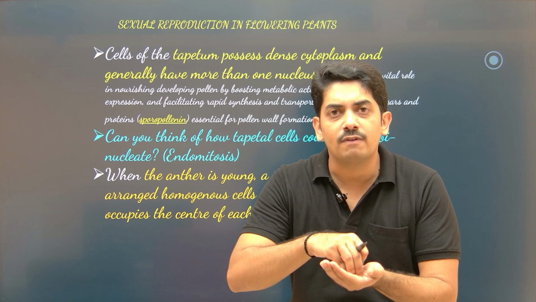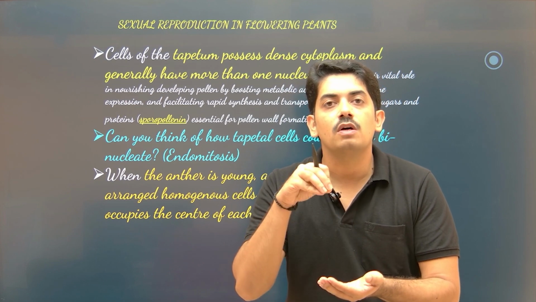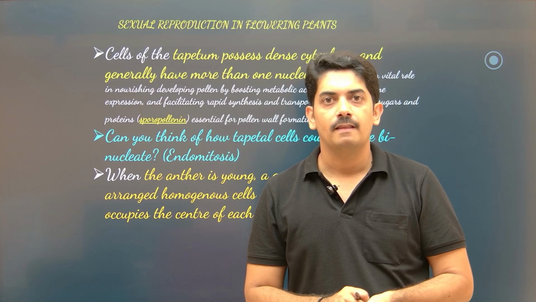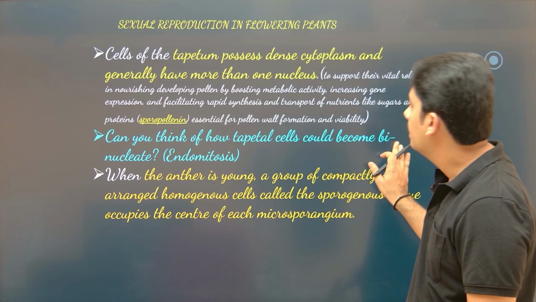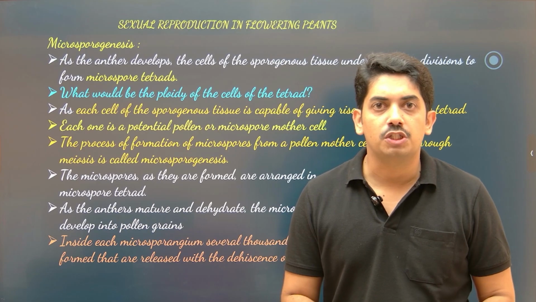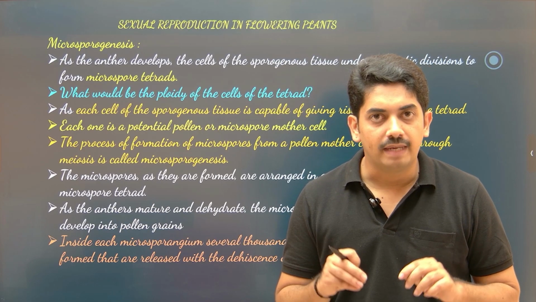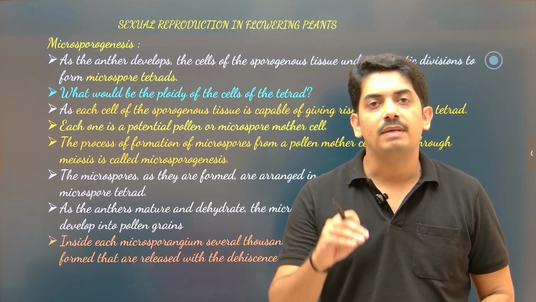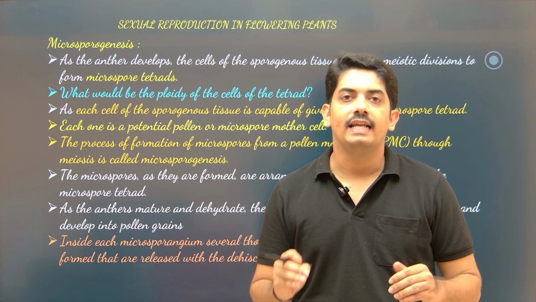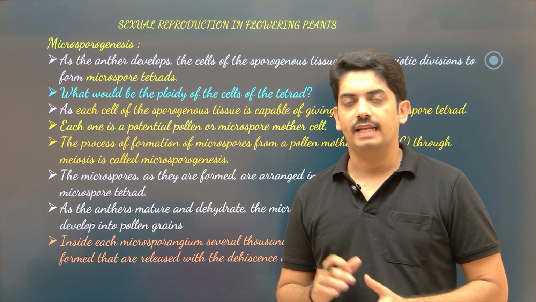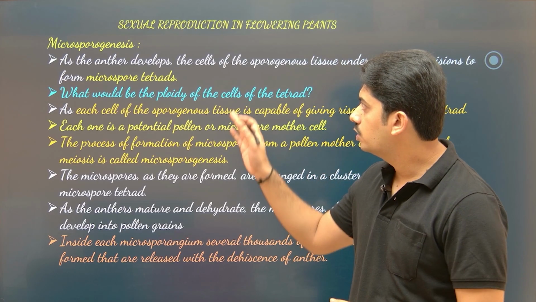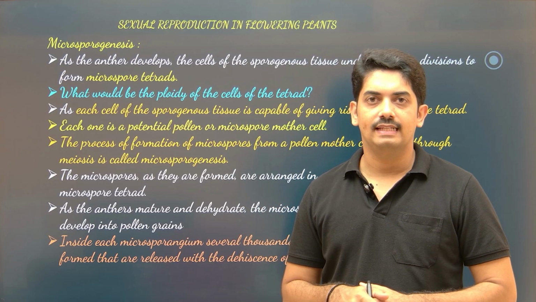And in the core of the microsporangium, we observe a special type of cells and they are called sporogenous tissue. Why they are specialized cells? Because these sporogenous tissues, during the time of microsporogenesis, become microspore mother cell or pollen mother cell and help in the formation of pollen grains. Is it clear? Okay, let us move on to microsporogenesis.